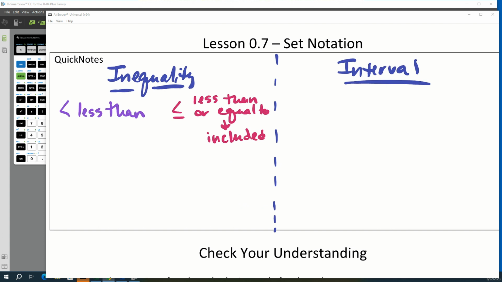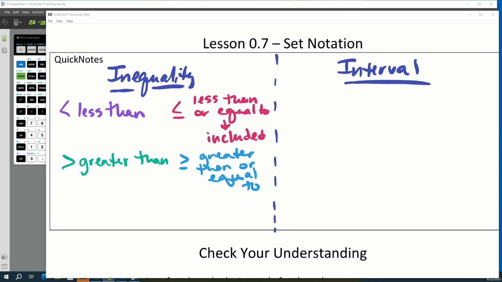All right, and then we have greater than and greater than or equal to. Okay, that one, I'm going to draw the arrow up. That one also, the number will be included.